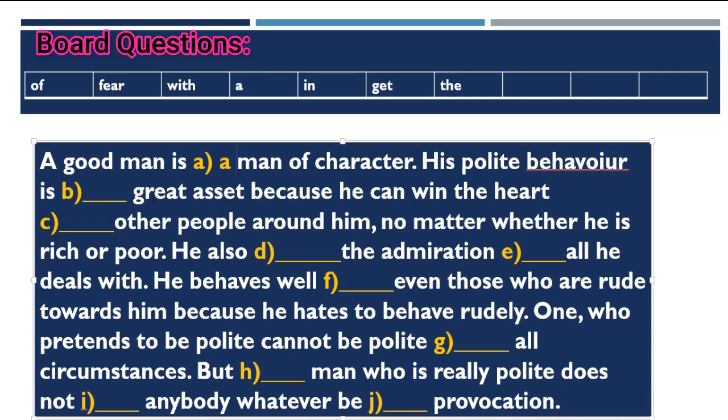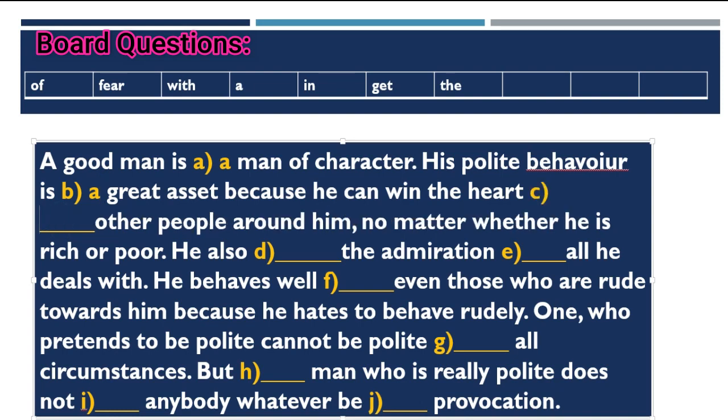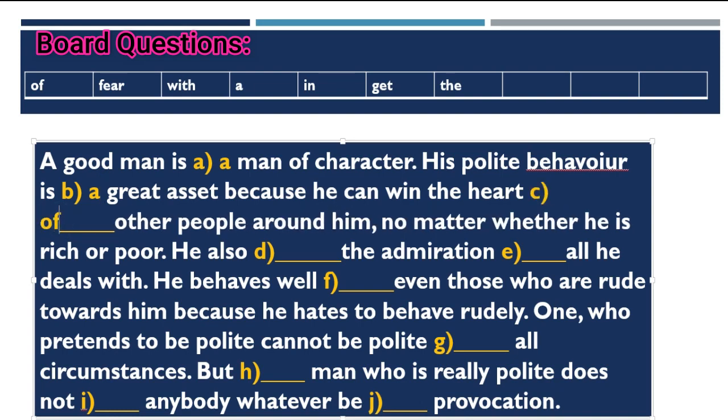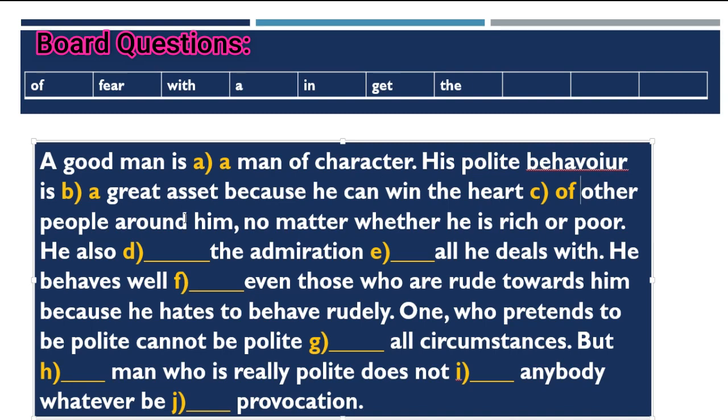So we have to use an article here, and the article that is appropriate is a great asset because he can win the heart of other people around him. So here we will use of, the heart of other people around him, no matter whether he is rich or poor.